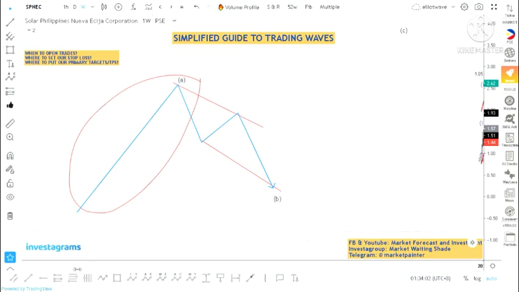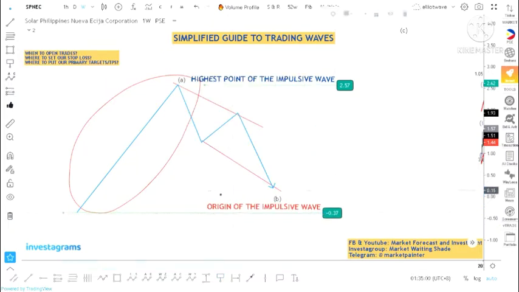The first thing that we have to do is plot our Fibonacci levels, making sure to start from the highest point of our impulsive wave. After identifying the highest point of the impulsive wave, the next thing is to identify the lowest point, or the origin.